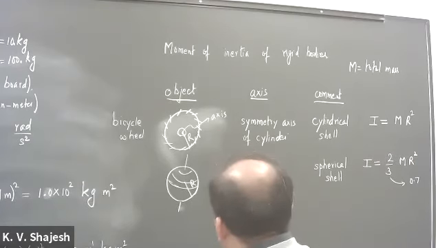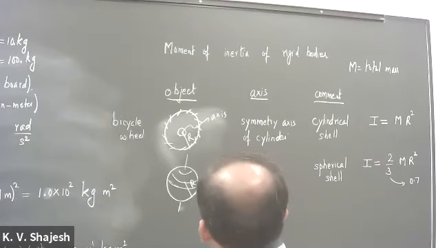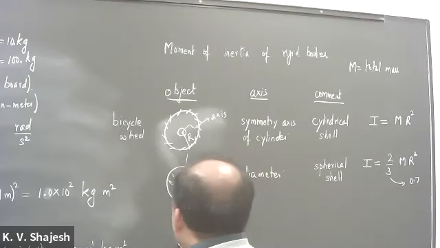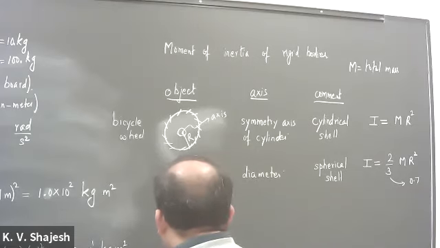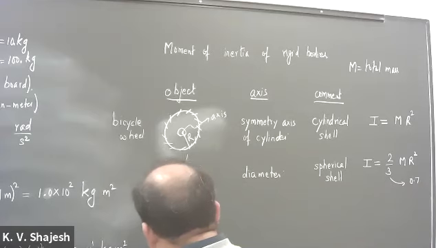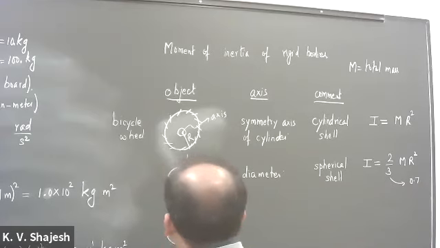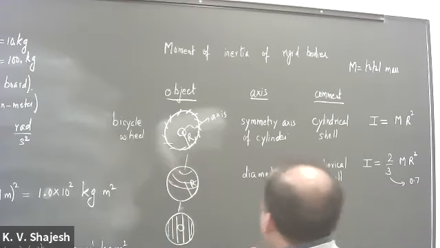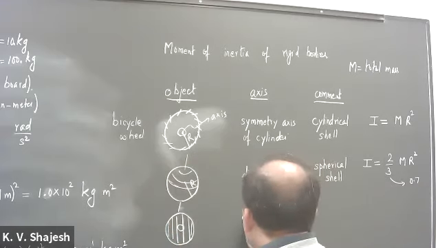We will do two more examples here. The third one is again a cylinder, but this time a solid cylinder. So that's a solid cylinder, and the axis is again the symmetry axis.